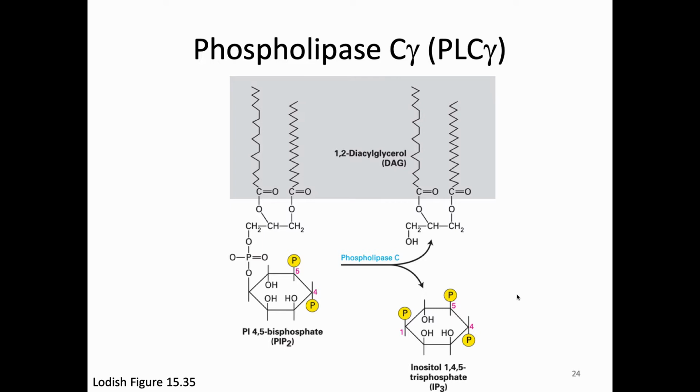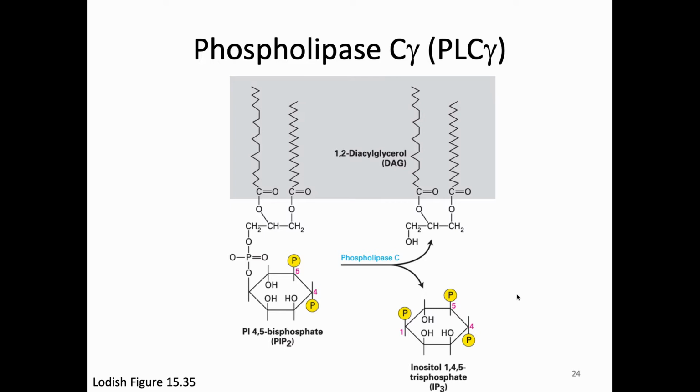So PLC gamma cleaves PIP2. PIP2 is just hanging out in the membrane. See this gray box? That's the membrane. And it's just chilling, just present there. When PLC is around, it cleaves PIP2 into two different products. One of them has the long fatty acid tails.